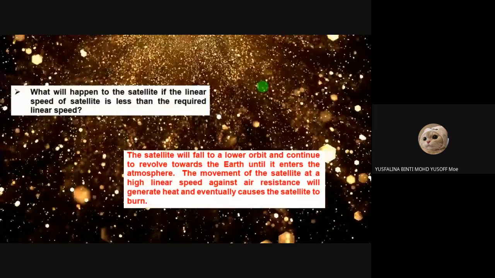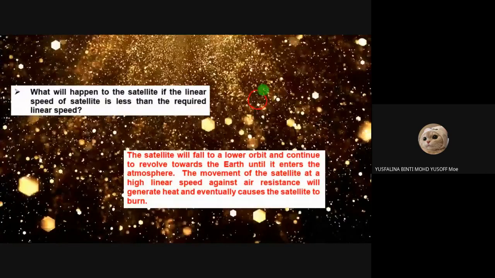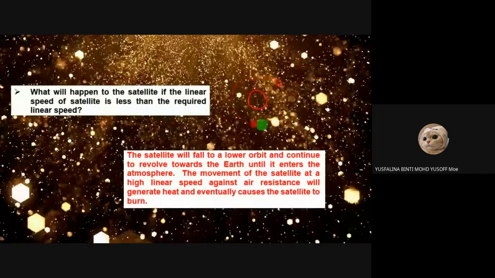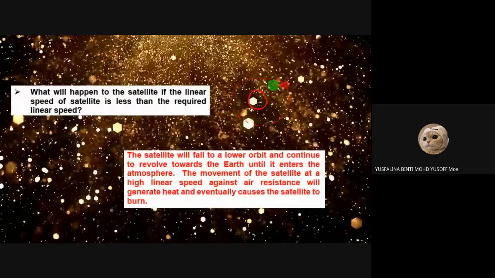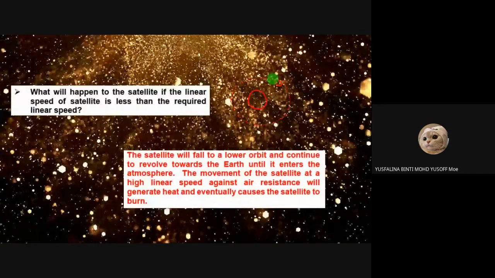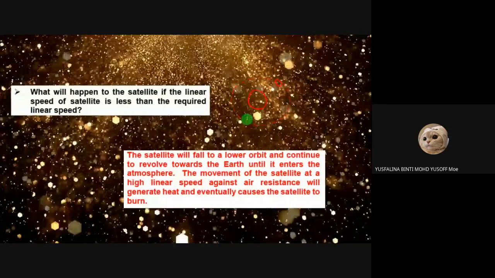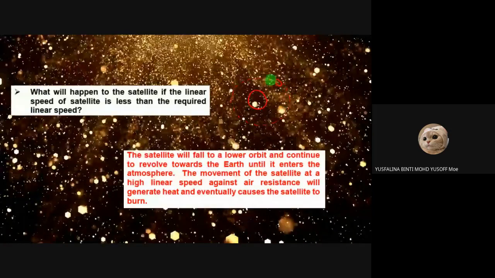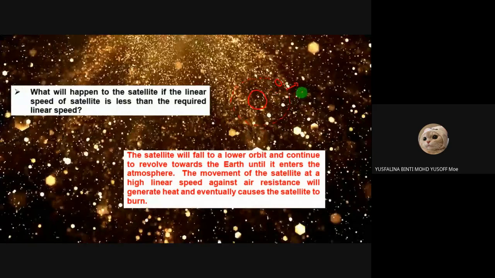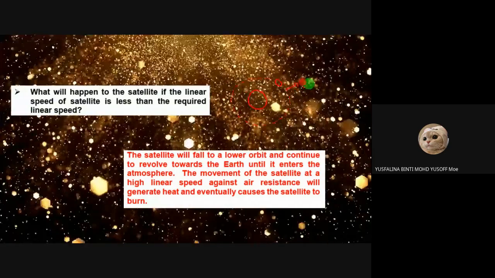So let's say this is the Earth and we launch a satellite, and let's say this is the orbit of the satellite, right? So let's say the speed is not equal to the linear speed for this orbit. Let's say it's lower. If you want to revolve using this orbit, the speed must be 300.